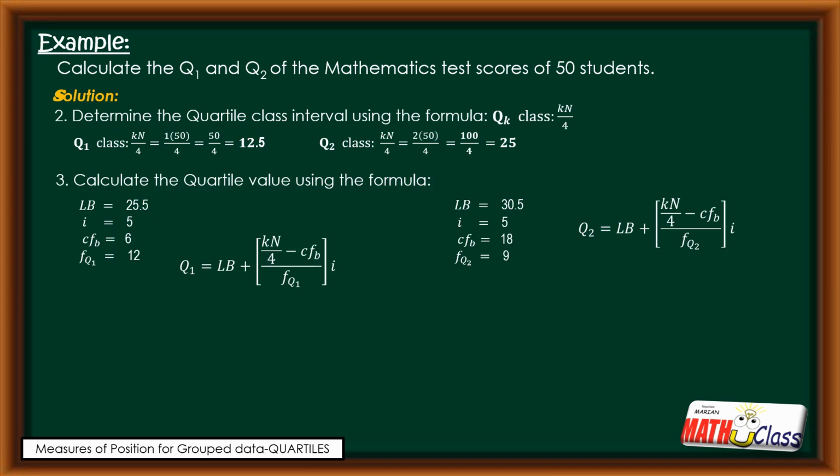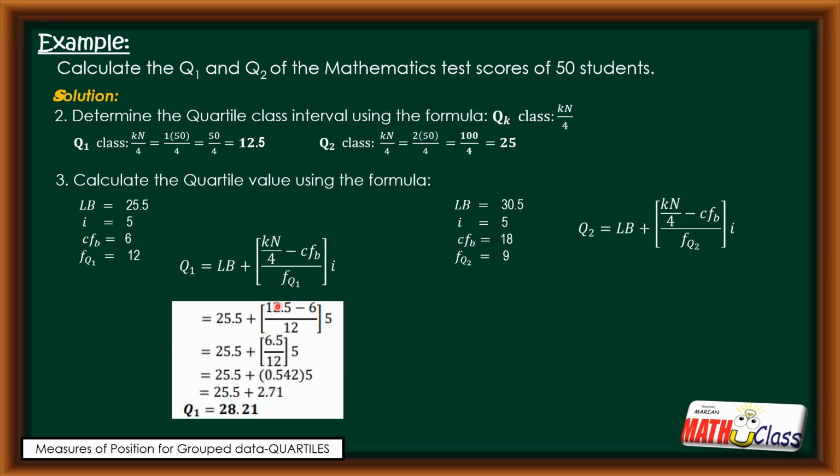This time, let us perform the operation by substituting all the givens into the formula. Remember that the value of the expression kn over 4 can be found in step 2. So for Q1, the value of kn over 4 is 12.5. Let us do the operation. Q1 is equal to 25.5 plus the quantity of 12.5 minus 6 over 12 times 5.